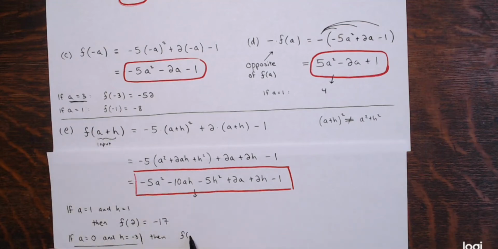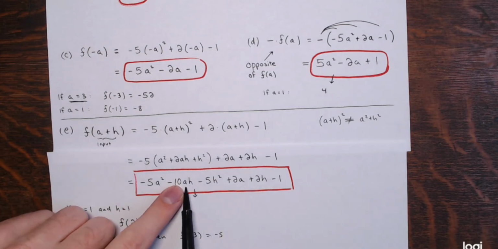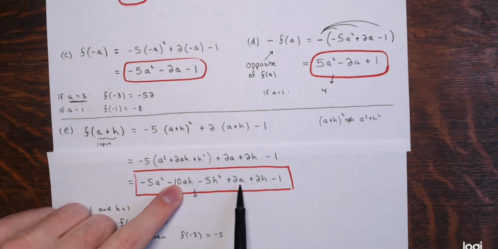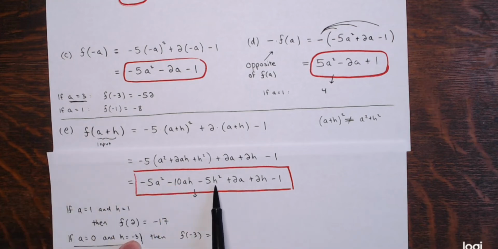That'd be f of negative 3. Well, we saw that earlier as well. That was negative 52. And you can try it. Replace all the a's with zeros. Then this term would be gone, this term would be gone, this term would be gone, and h with negative 3, and you'd have negative 45 here, minus 6 here, minus 1, that'd be negative 52.